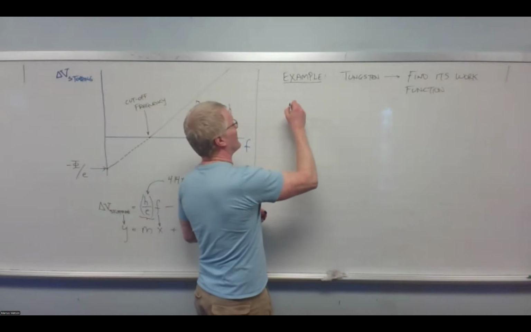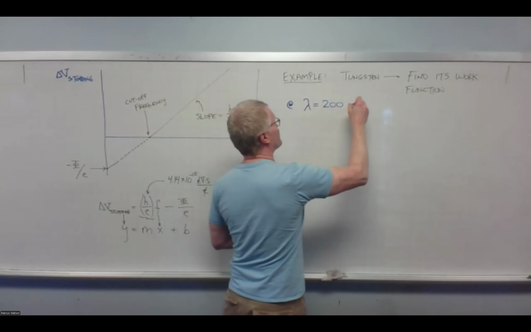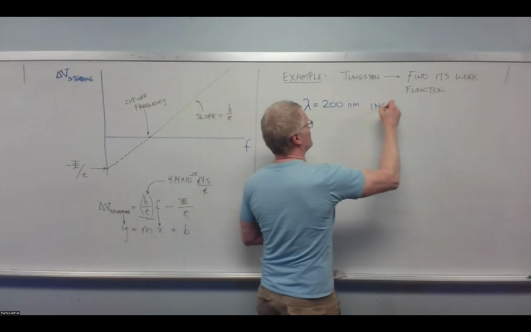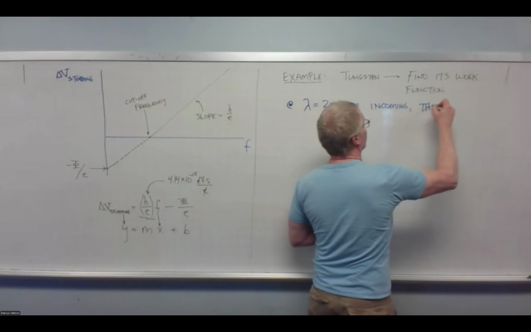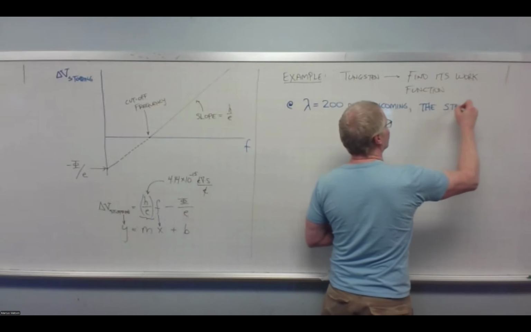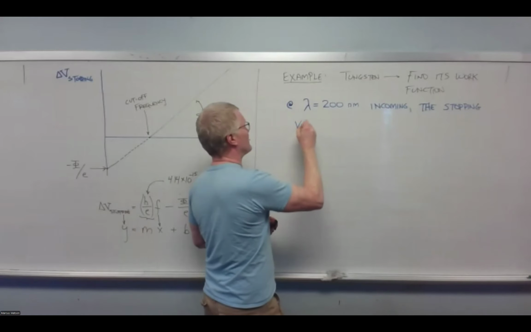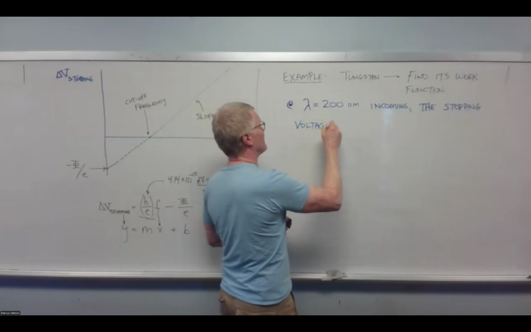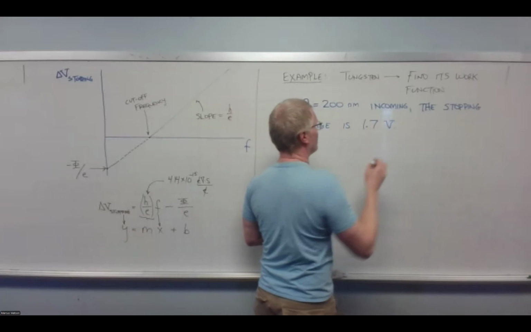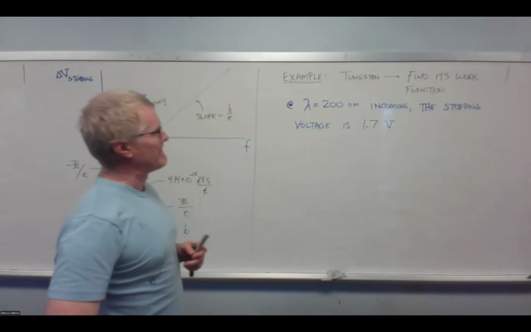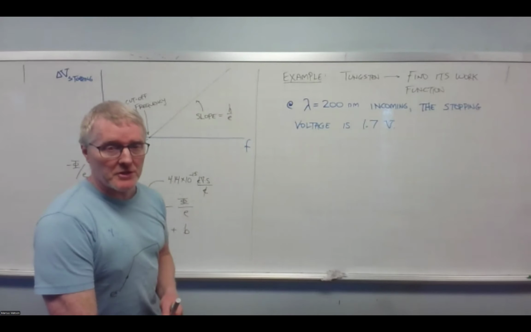All right, so at a lambda incoming of 200 nanometers, the stopping voltage necessary is 1.7 volts. Okay. Can we find its work function?